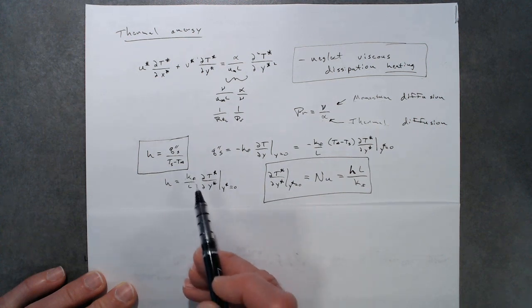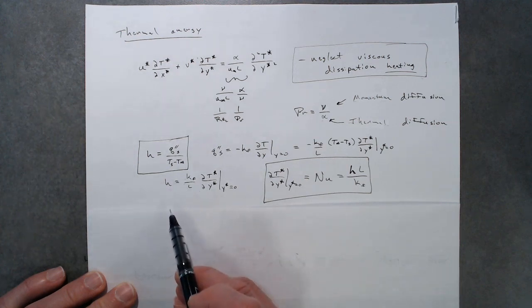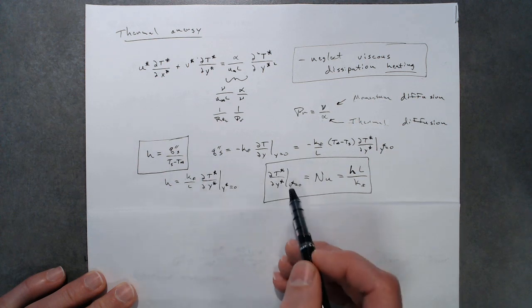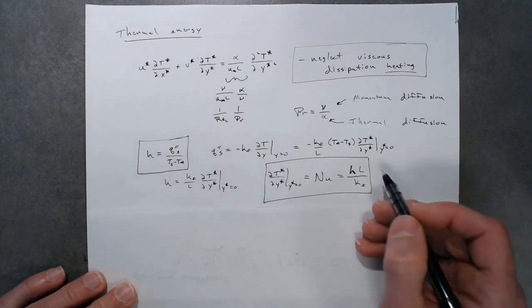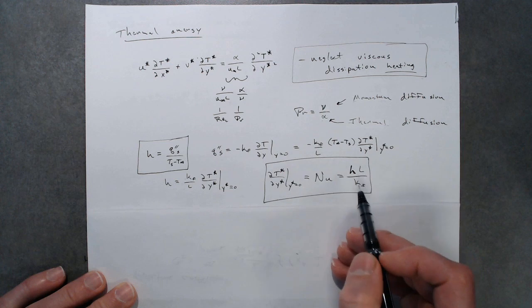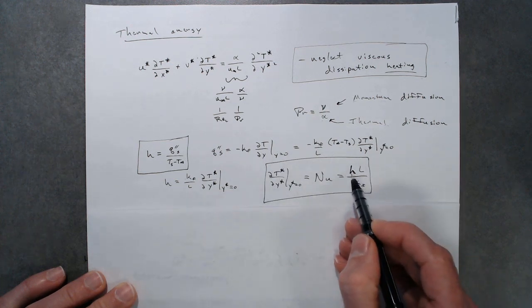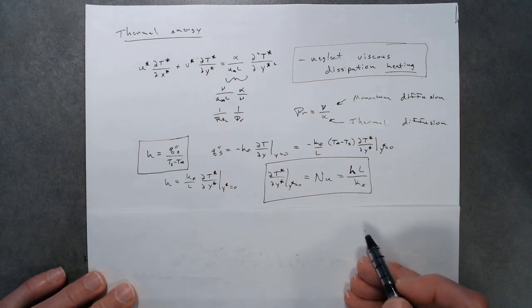Again, importantly, this is the thermal conductivity through the layer of fluid divided by L times this non-dimensional gradient. Then if we express the non-dimensional gradient in terms of h and L and k_f, we'd say that it's equal to hL over k_f.